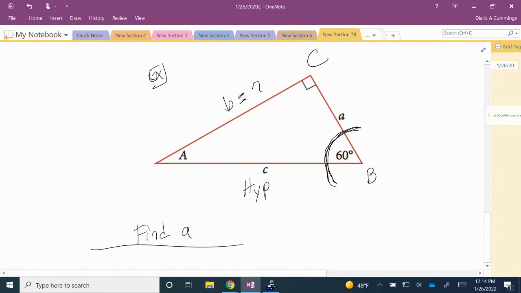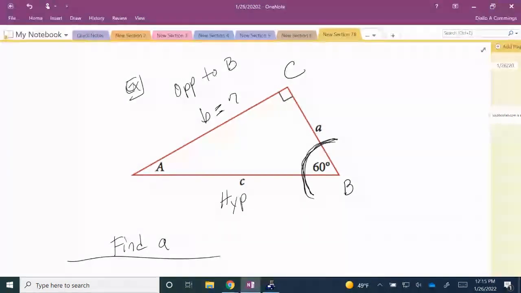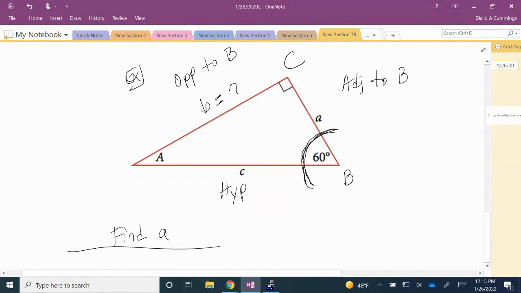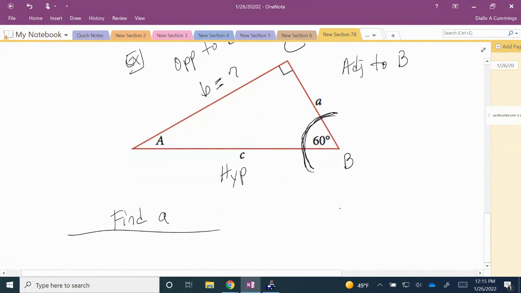My reference angle is B, so the side opposite angle B is side length B, and that is my opposite. And lastly, we have our adjacent. Side length A is adjacent to B. All right, so now we're going to consult Chief Sokotoa.